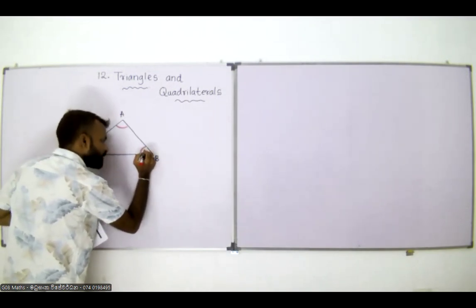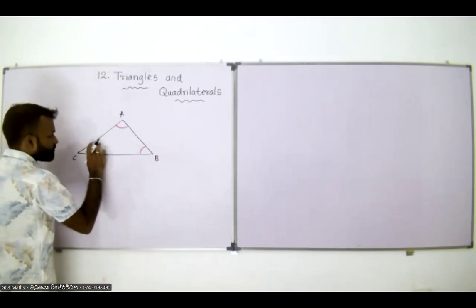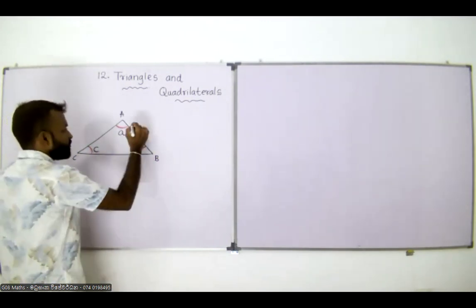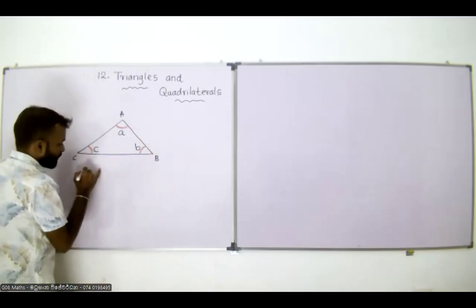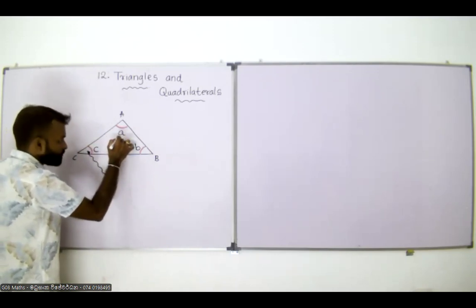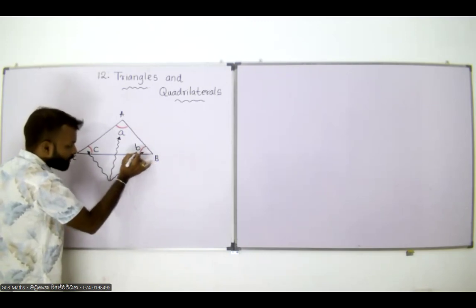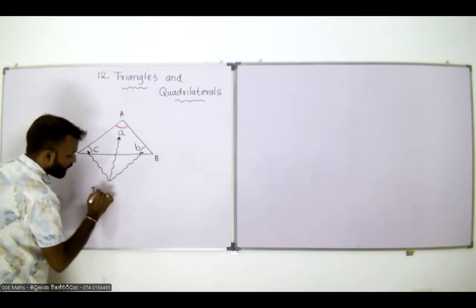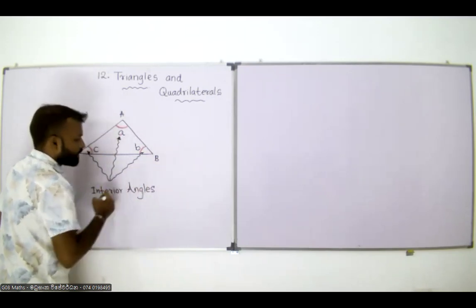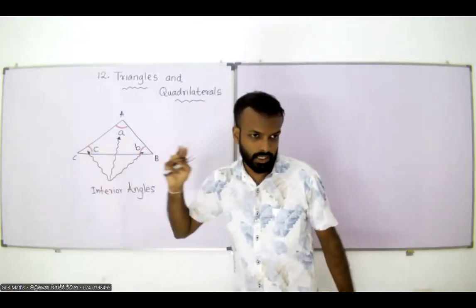This is my interior angle A, this is my interior angle B, and this is my interior angle C. So this angle, this angle, and this angle are called interior angles. These are the three angles we have.